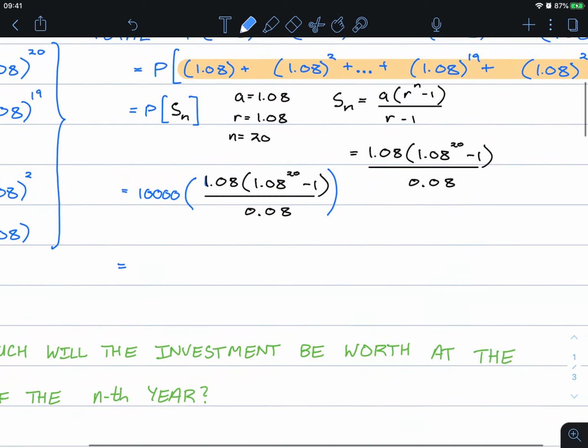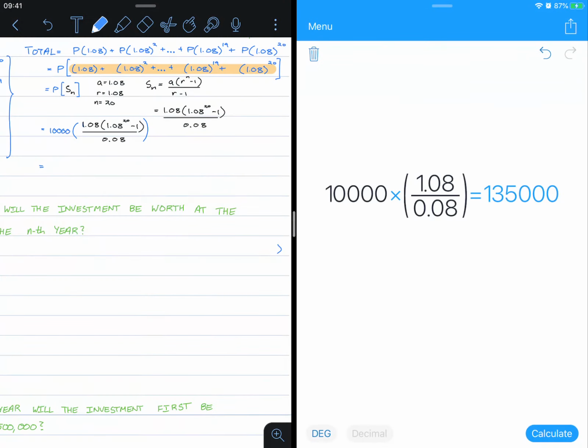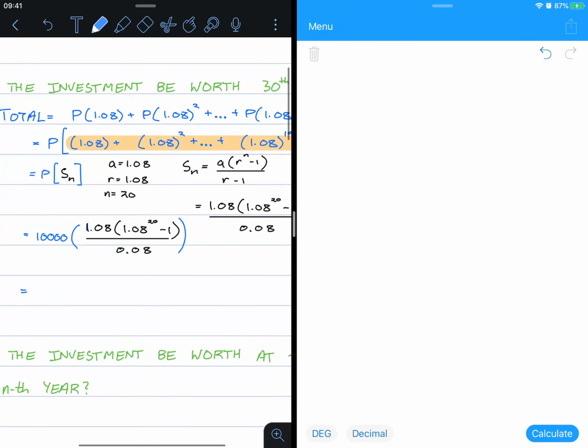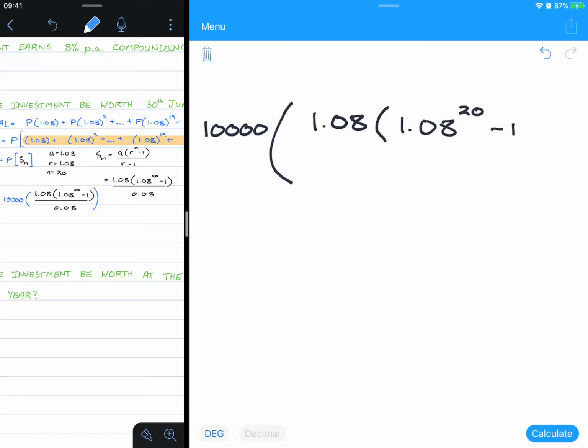And inputting that into our calculator. Here we go. 10,000 times 1.08 times 1.08 to the power of 20 minus 1, all over 0.08.